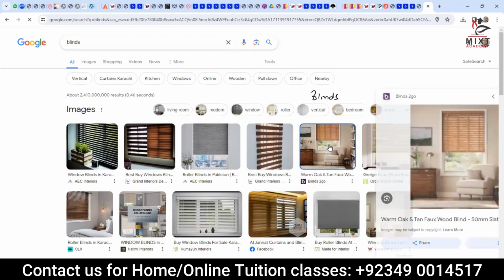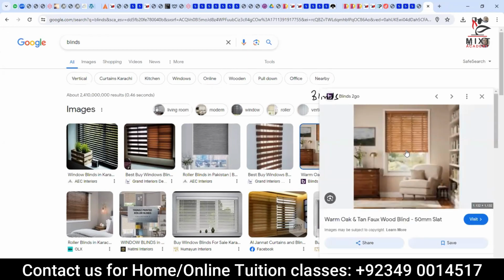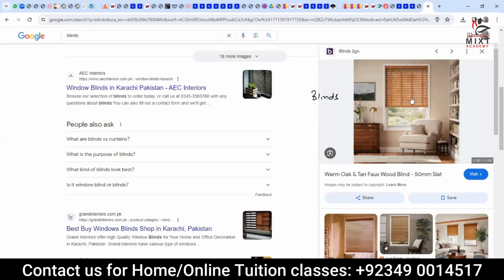Most of the time we believe that this is a sort of design or something. We normally see it on windows. Can you tell me why this is on our windows? This sort of design or something? These are our blinds and everything.